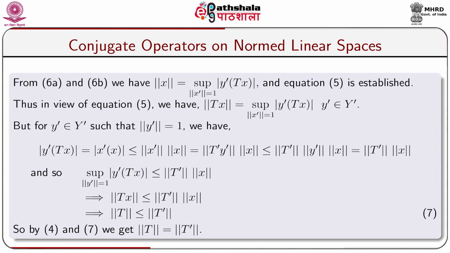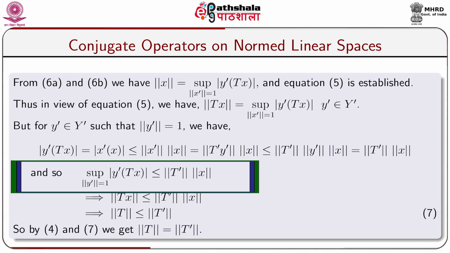But for y' belongs to capital Y' such that norm of y' equal to 1, we have modulus of y'Tx equal to modulus of x'x, which is less or equals to norm x' into norm x, which is equal to norm T'y' into norm of x, less or equals to norm T' into norm y' into norm x, because T' is bounded, which is again equal to norm T' into norm x, because norm of y' equal to 1.